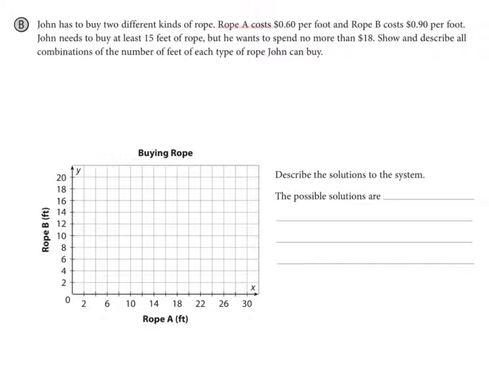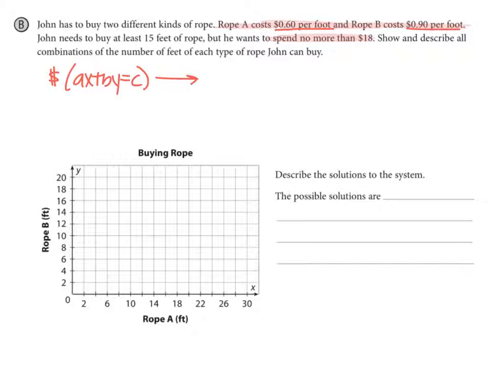So I'm going to highlight my information about rope A, rope B, and then it says he wants to spend no more than $18. If we talk about my money equation, I've got per foot and per foot. That means I have 2 rates. So this is standard form.